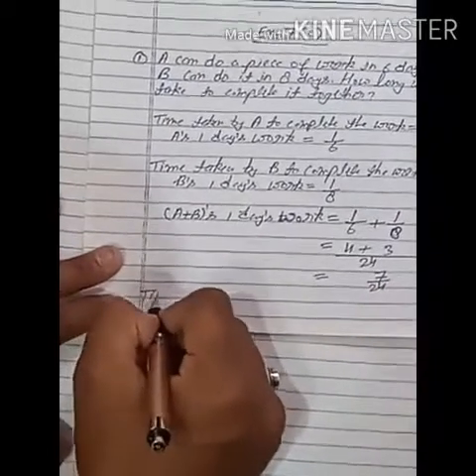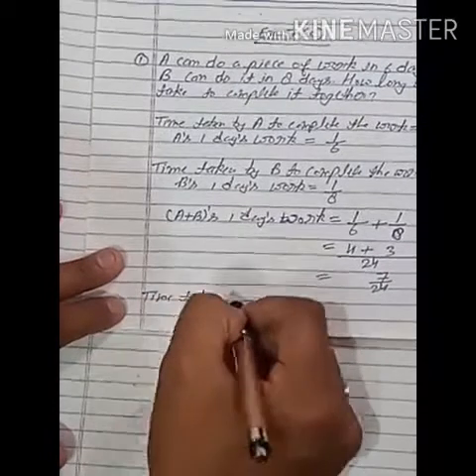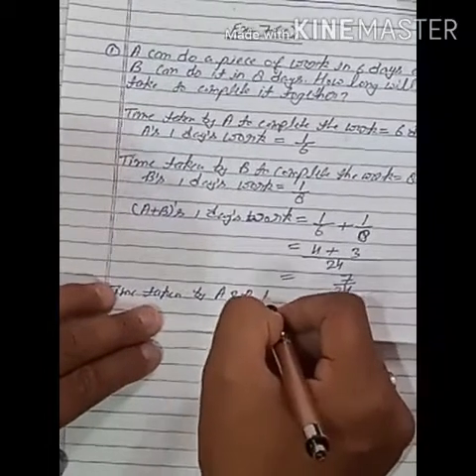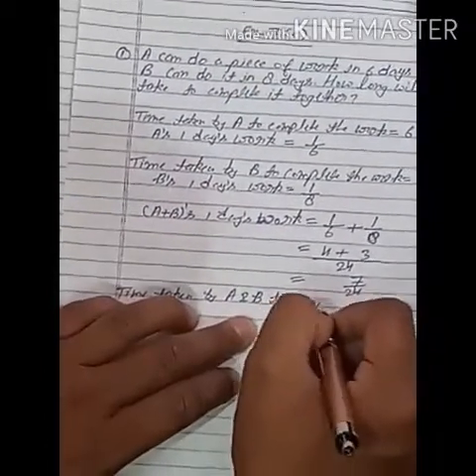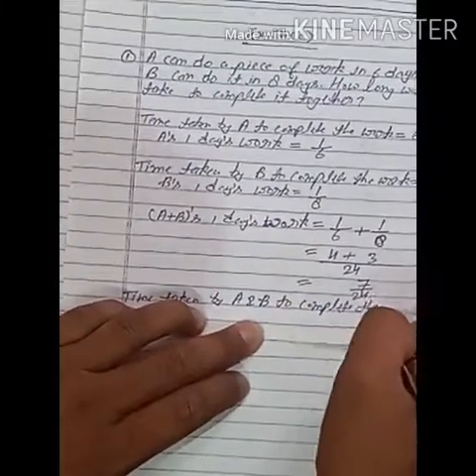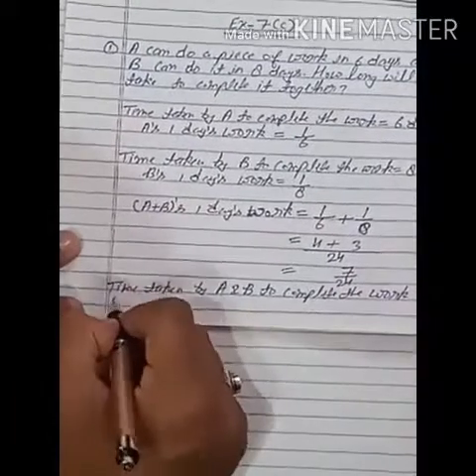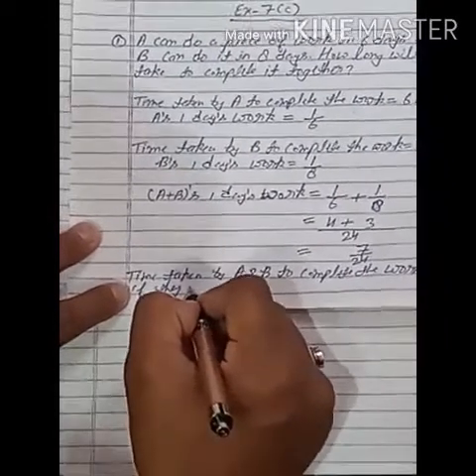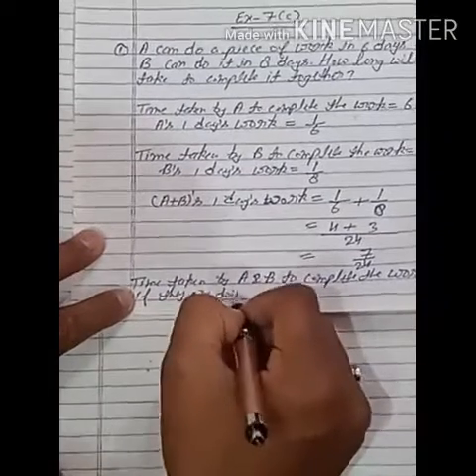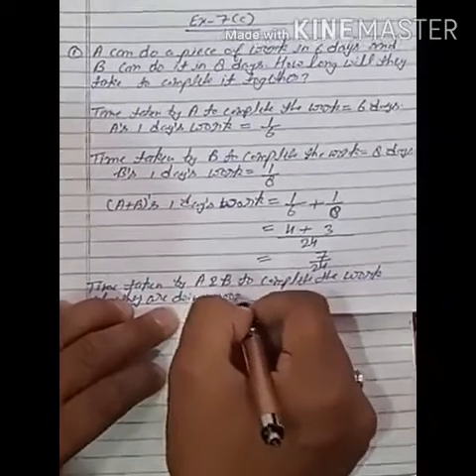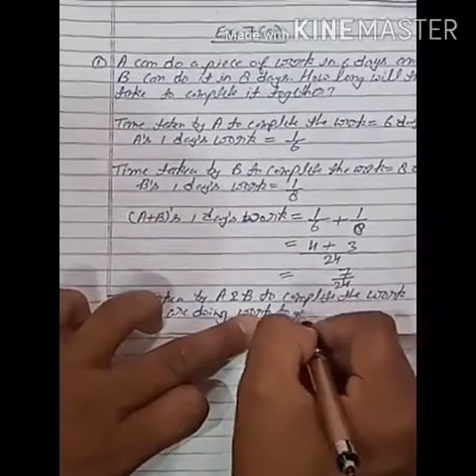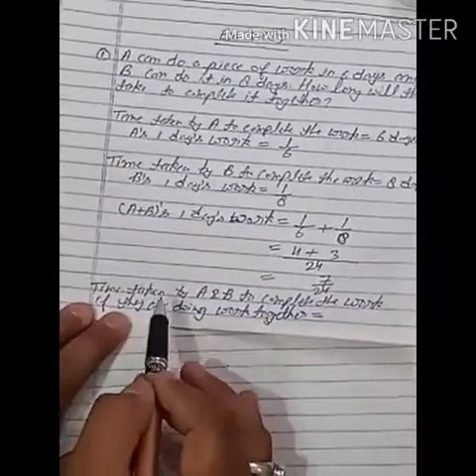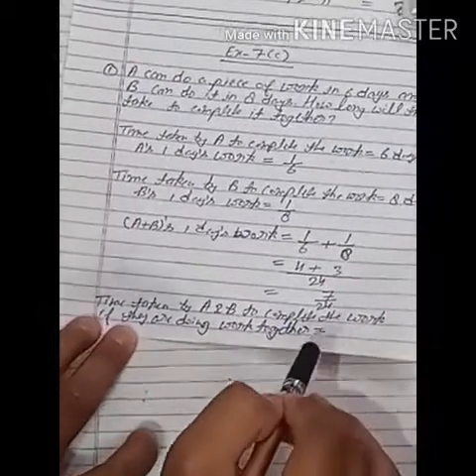So now, time taken by A and B to complete the work if they are doing work together is equal to, so the formula of time taken to complete the work is 1 upon 1 day's work.